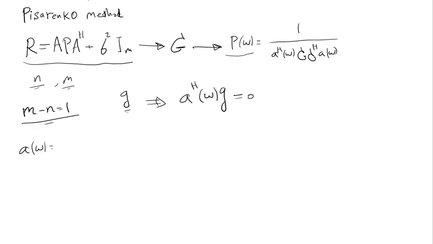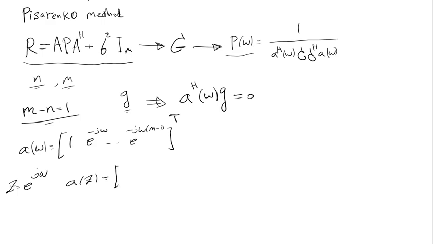A(omega) is 1, e to the minus j omega, up to e to the minus j omega (m minus 1), transpose. We put z equals e to the j omega and define A(z) equals 1, z to the minus 1, z to the minus 2, up to z to the minus (m minus 1), transpose.